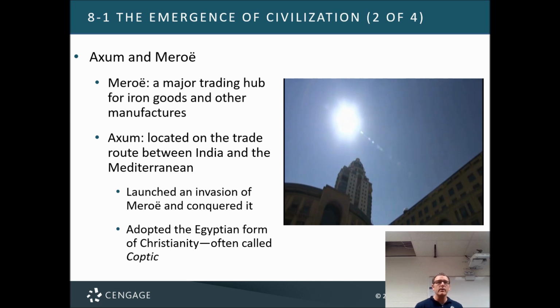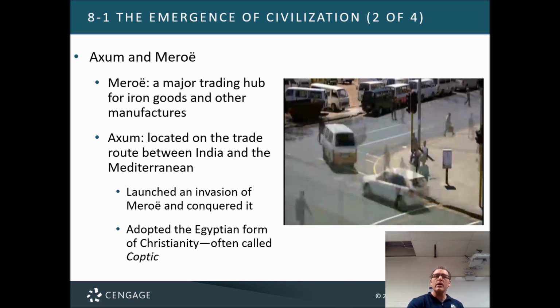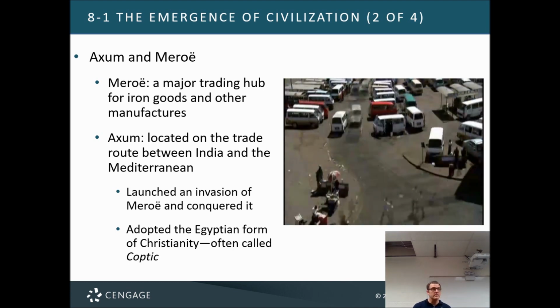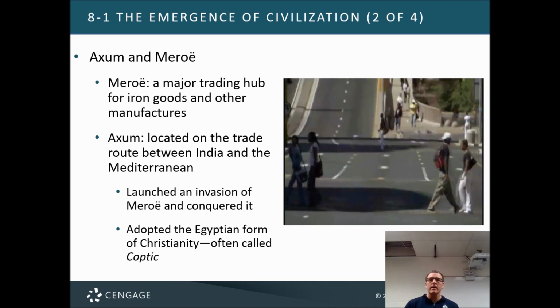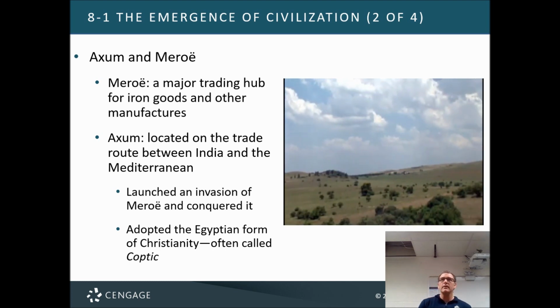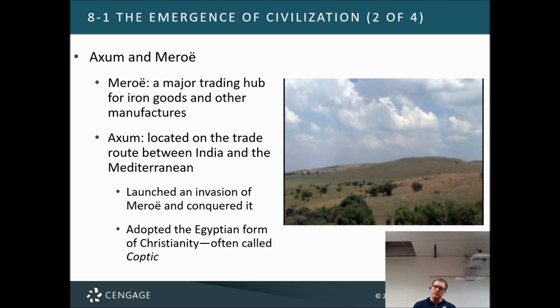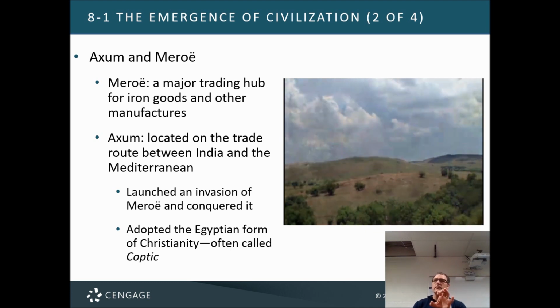For example, a few hundred miles to the southeast, in what is today Ethiopia, the earliest peoples there were a kingdom called Aksum. And they claimed to be descended from the famous Queen of Sheba. And so she's mentioned in the Old Testament, and this is kind of their connection.